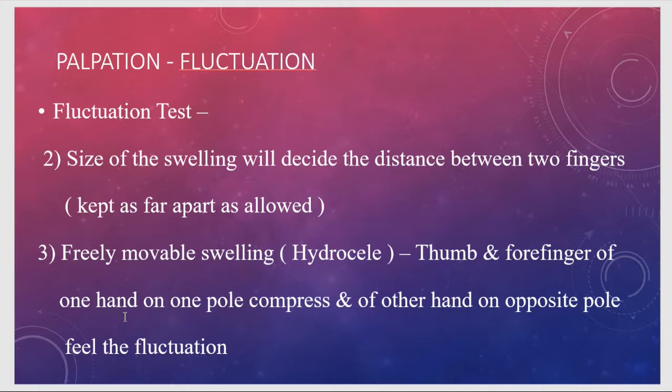If the swelling is freely movable, as seen in cases of hydrocele, we can feel the fluctuation by using our thumb and forefinger of one hand on one pole, as the swelling is large, and we compress it and feel the fluctuation with the other hand on the opposite pole, right? This is basically done for hydrocele. The swelling is larger. That's why we are using thumb and forefingers.